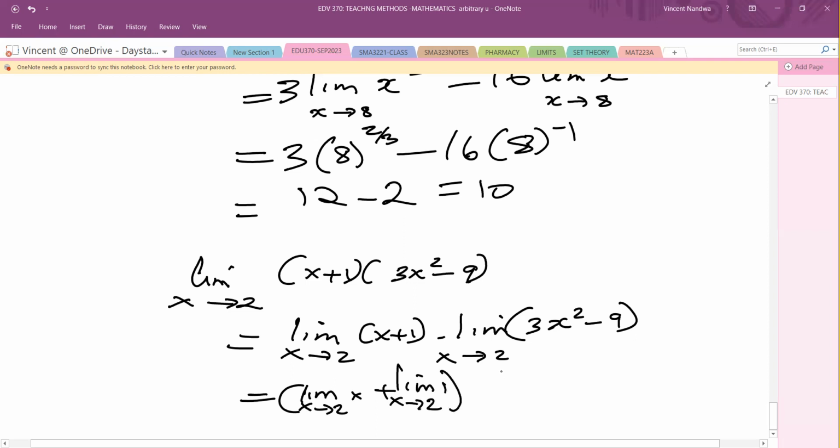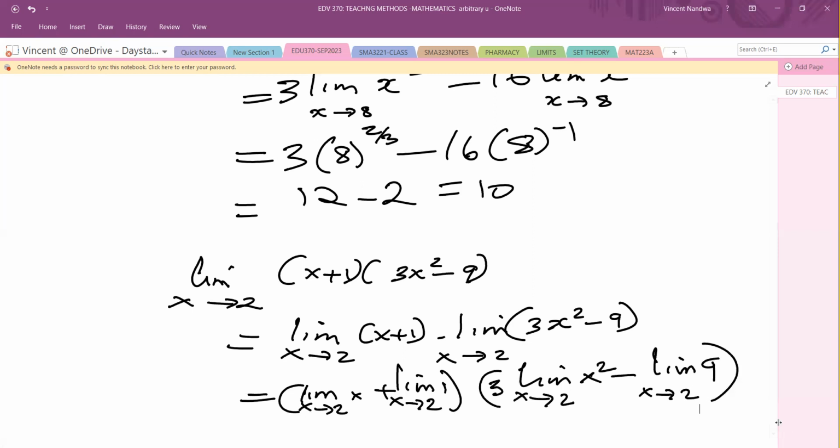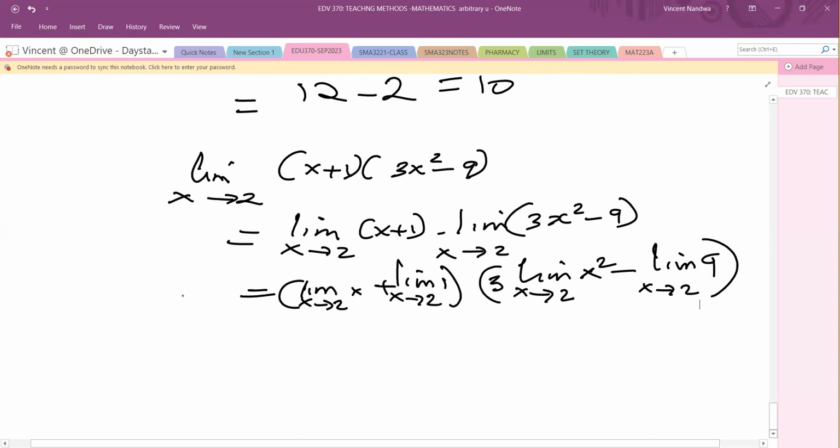And then the other one? Limit of 3, x approaches, of x squared minus... correct. So now the first one gives us how much?